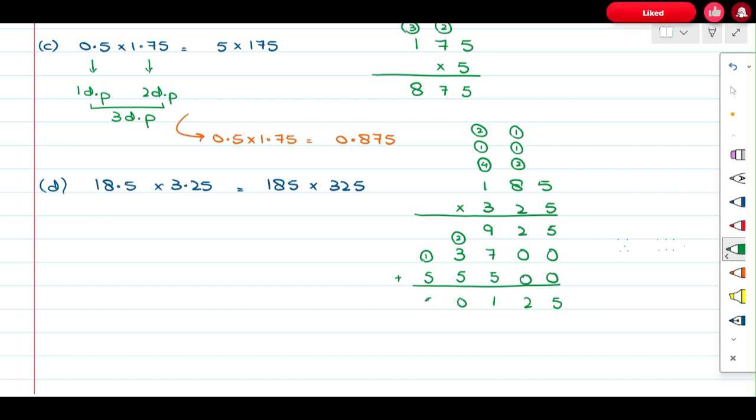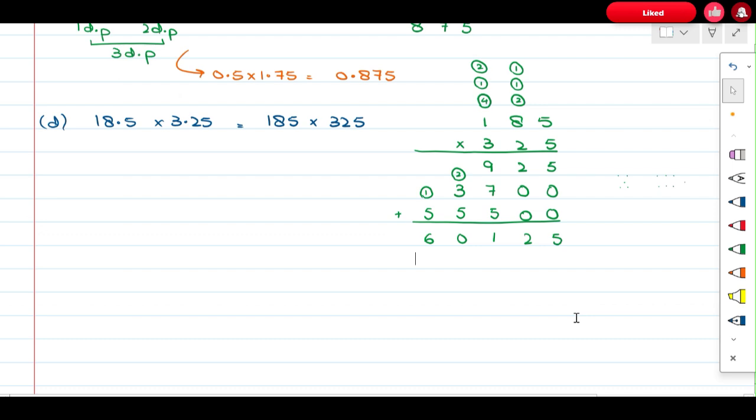And 5 plus 1 is 6. Okay, so this is the answer for 185 times 325, which is 60,125, right?